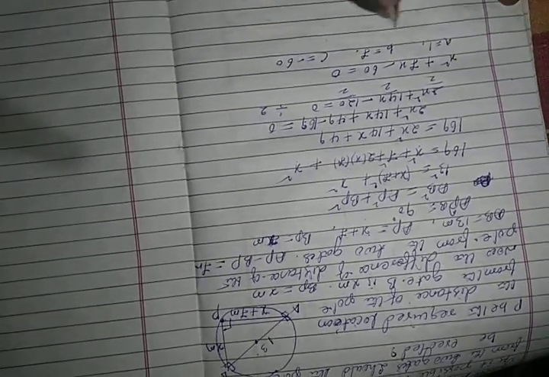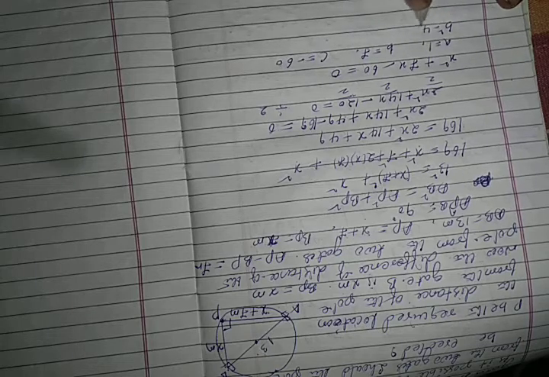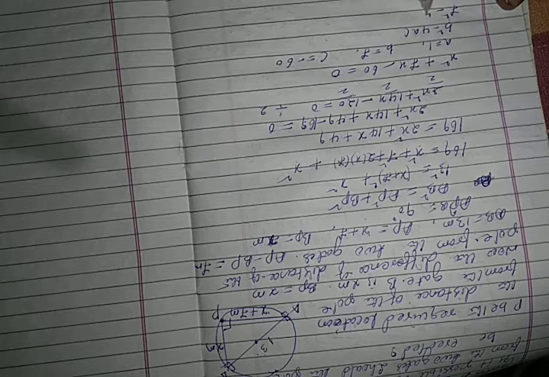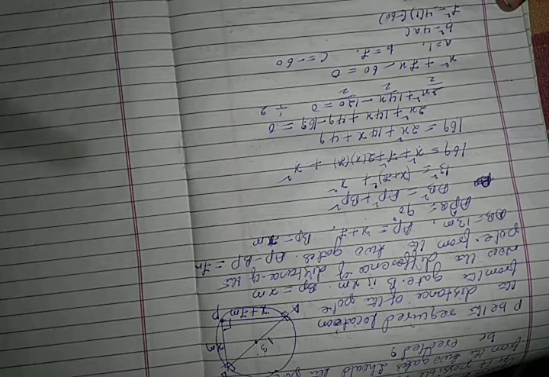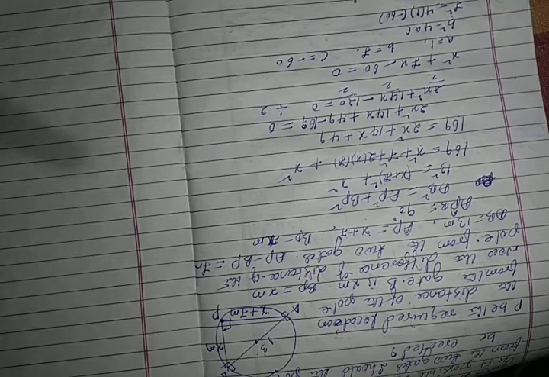Let us find the discriminant, that is B square minus 4AC. 7 square minus 4 into 1 into minus 60. So 7 square is 49, minus into minus is plus, 4 sixes are 240, 240 plus 49 is 289.